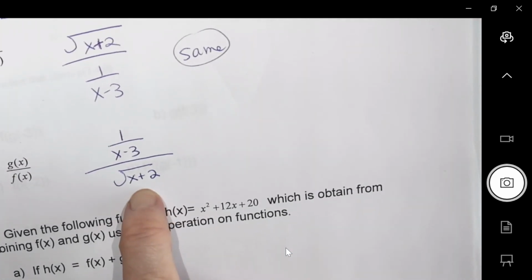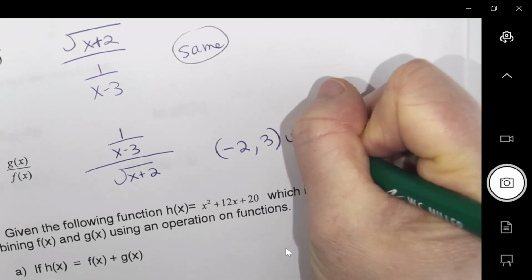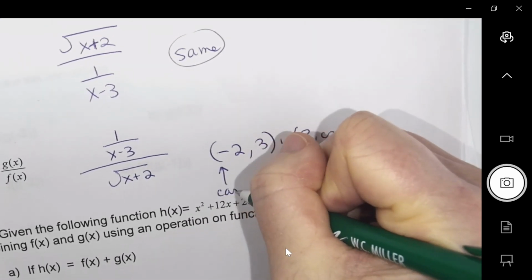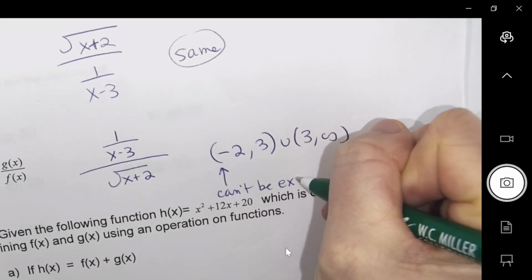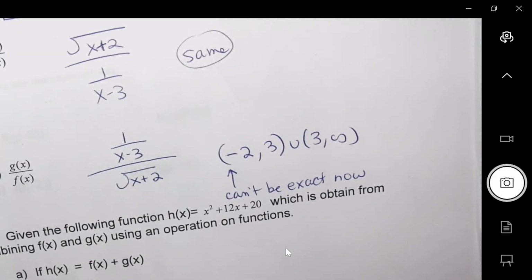You can't be exactly at -2 because now you're going to create a division by 0. So I'm going to turn the hard bracket into a soft bracket. Before I could square root 0, no problem. But now, if I make that the square root of 0, I'm creating a division by 0, and that won't work.